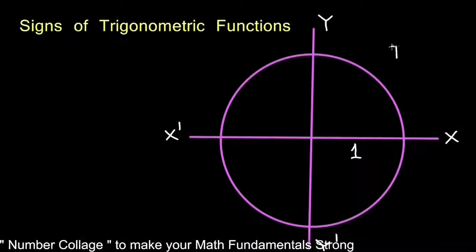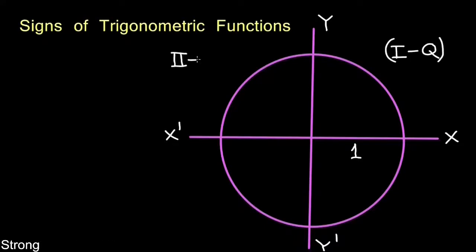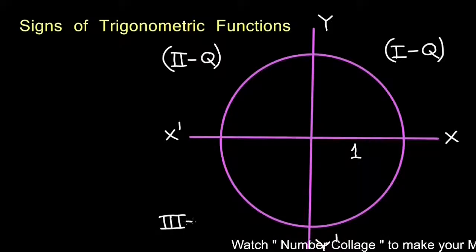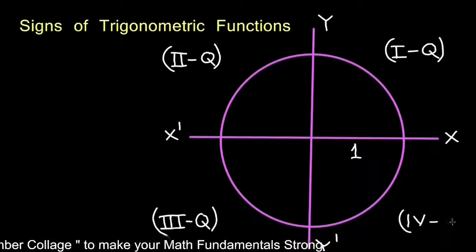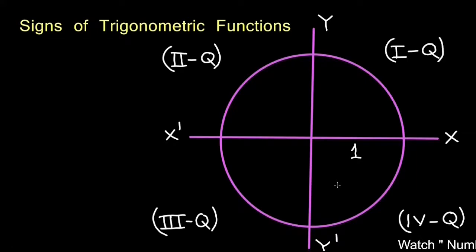So this will be the first quadrant, this will be the second quadrant, this will be the third quadrant, and this will be the fourth quadrant. Now we will decide the signs of different trigonometric functions when the point on the unit circle is in different quadrants. When the point P is on the positive x-axis, then its coordinates will be (1, 0).